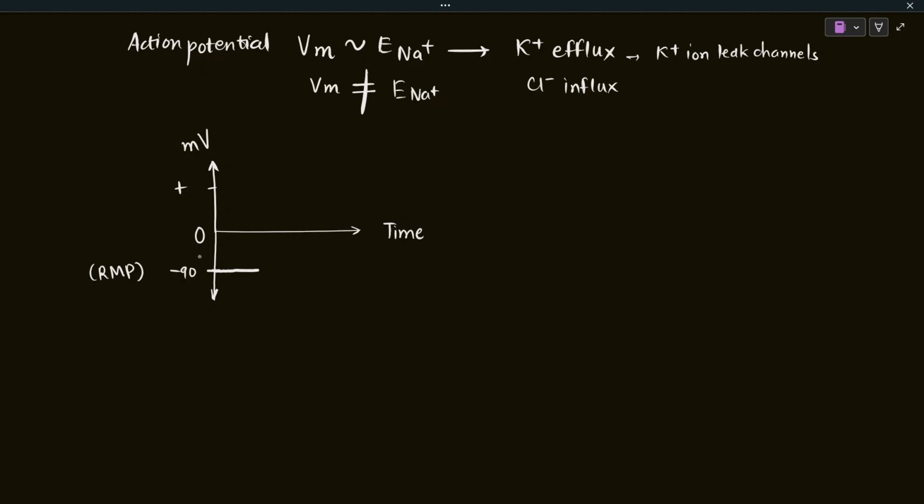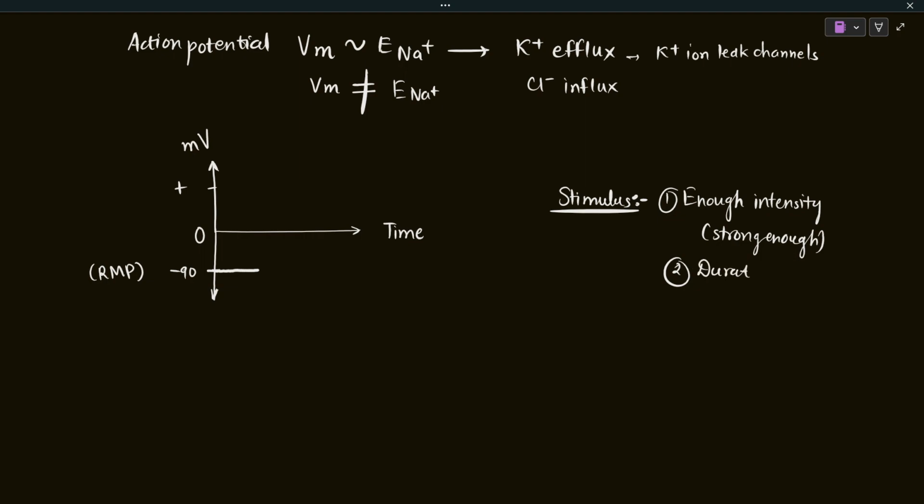Now there's some stimulus. Once the stimulus arises, let me mention it here: the stimulus should have enough strength, meaning the intensity should be enough, strong enough to spike the action potential, as well as it should last for some duration.